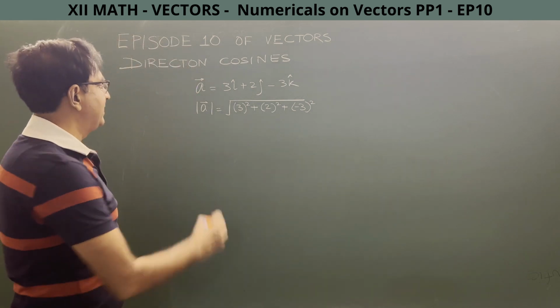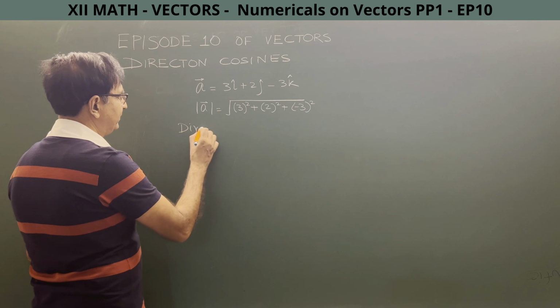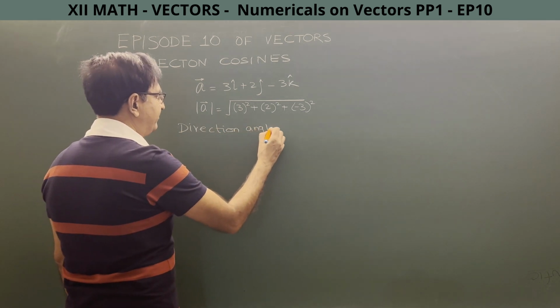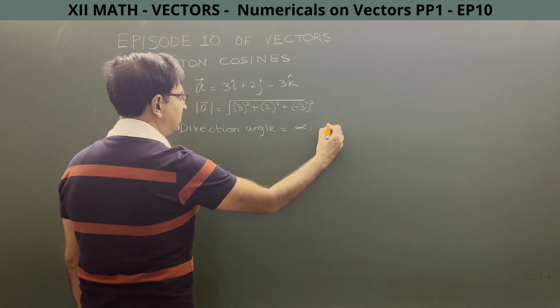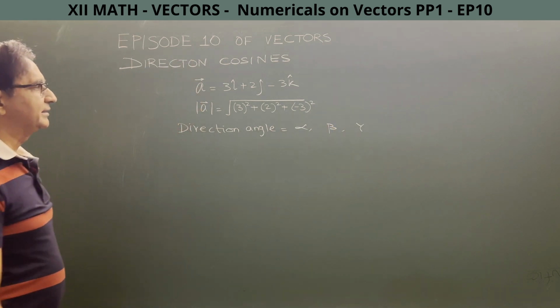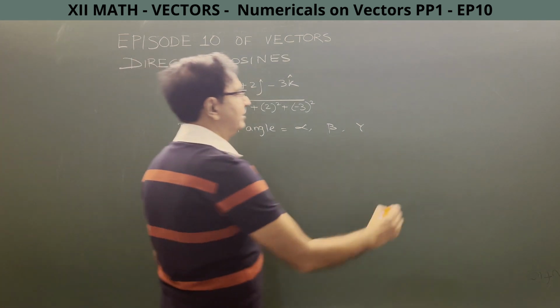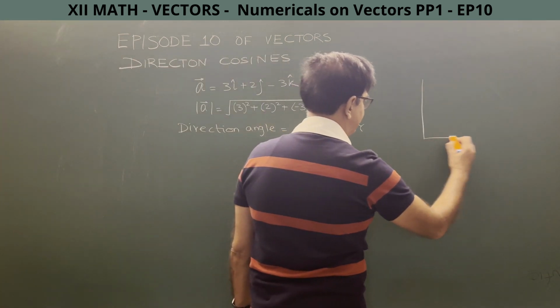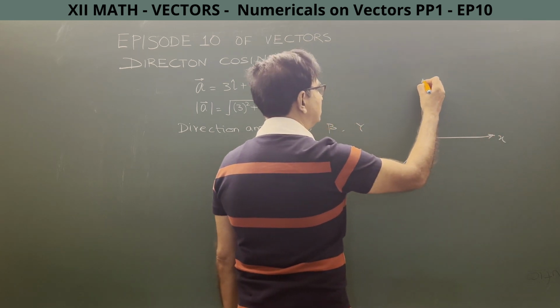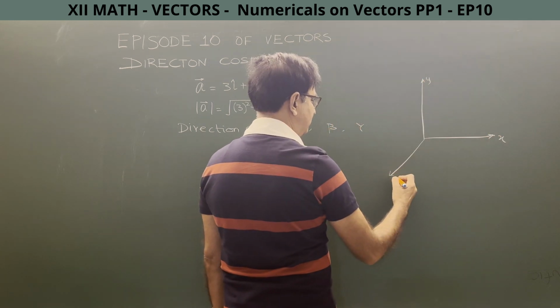Now what are direction angles? As the name suggests, every vector will make certain angles with the x-axis, y-axis and z-axis. If I know these angles, I know the direction of the vector.